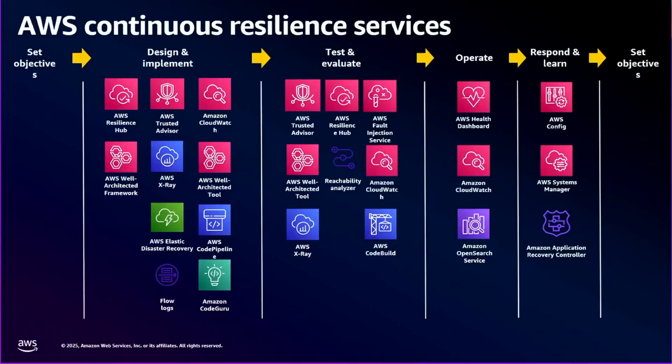So for the rest of this talk, I'm going to talk through what the patterns and the practices are for each stage of the Resilience Lifecycle Framework. And I'll also go into a quick demo in the test and evaluate phase to show you how to use services like FIS, the Fault Injection Service, to test your applications.